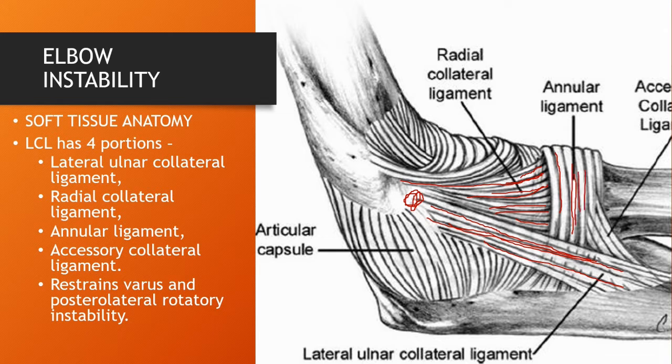And then finally, the accessory collateral ligament, which provides stability and support between the proximal ulna and the head of the radius. And then deep to all of those is the articular capsule itself, which surrounds all three of the elbow articulations. Okay, so this is providing stabilization to the lateral aspect of the elbow.